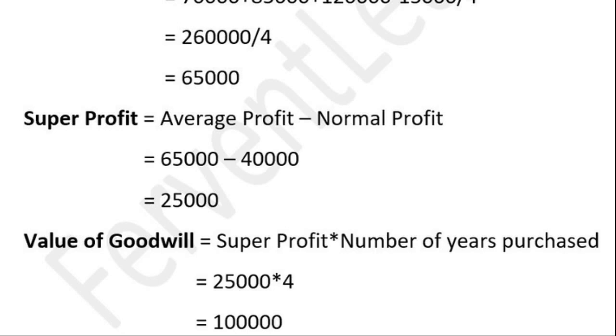Value of goodwill is equal to super profit multiplied by number of years purchased. Number of years purchased given in the sum is 4, and our super profit is 25,000. We will get 1 lakh by multiplying 25,000 by 4. So value of goodwill is 1 lakh.